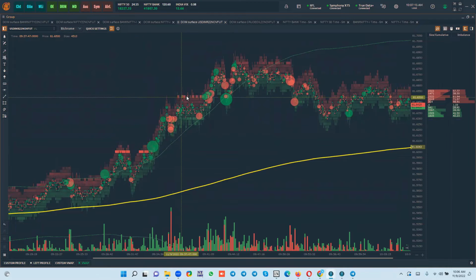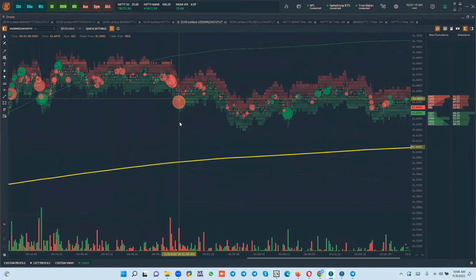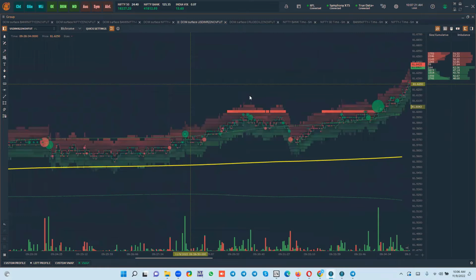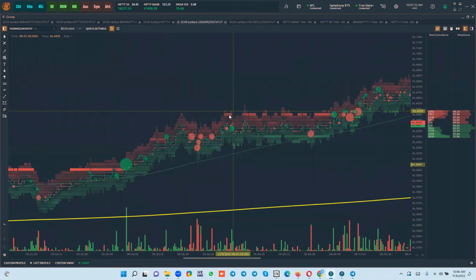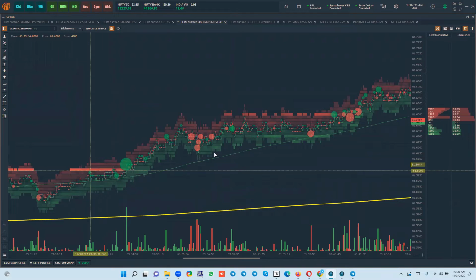We saw some kind of selling out here. You can see a reflection of selling at this range. It may not be as big as the previous sell limit order, but definitely there was a large limit order at this level.